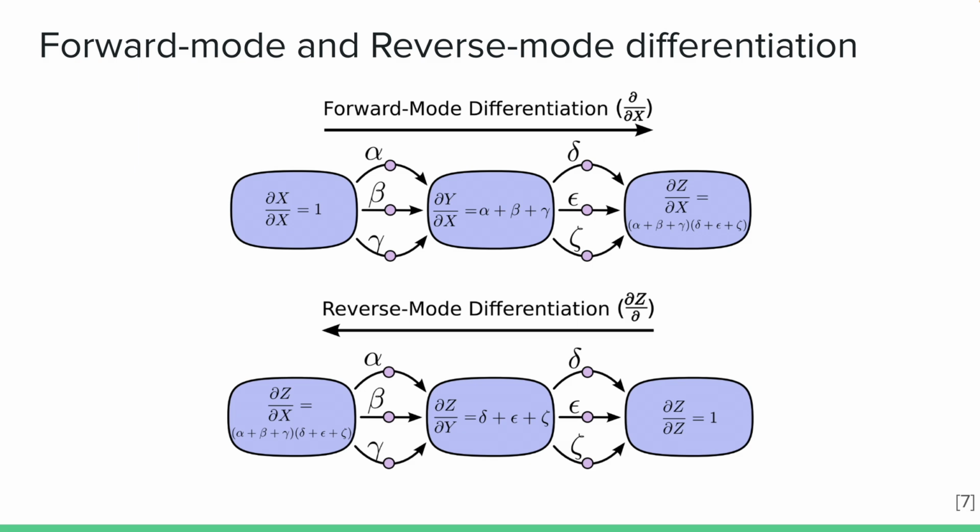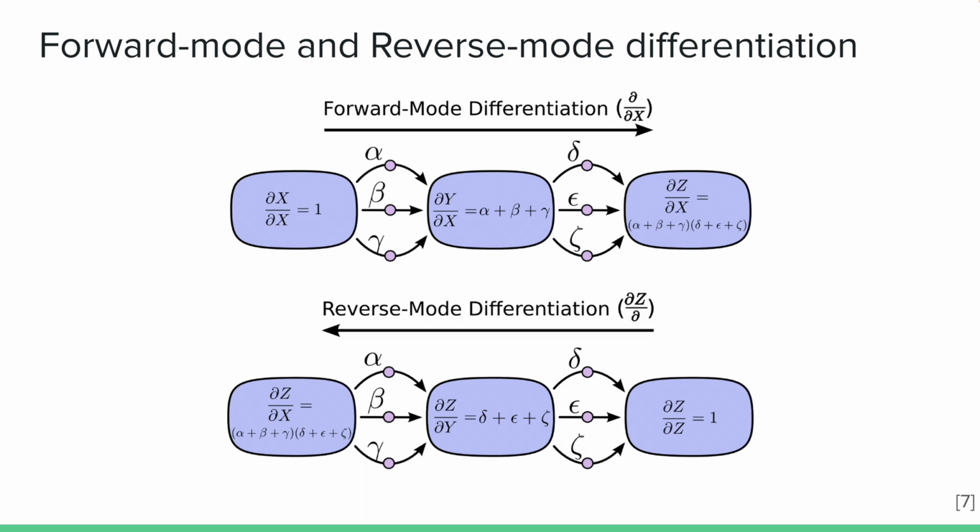There are two techniques in path factorization. One is so-called forward mode differentiation, which tracks how one input affects every node. And the more interesting one that we're usually interested in for calculating the gradient is the so-called reverse mode differentiation, which basically tracks how every node affects one output.